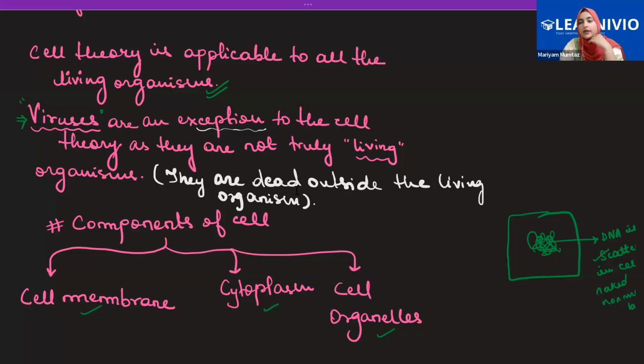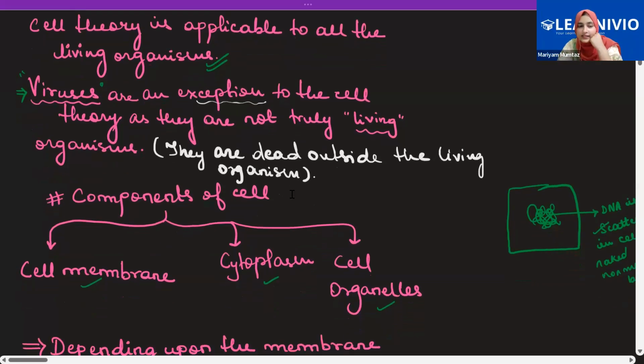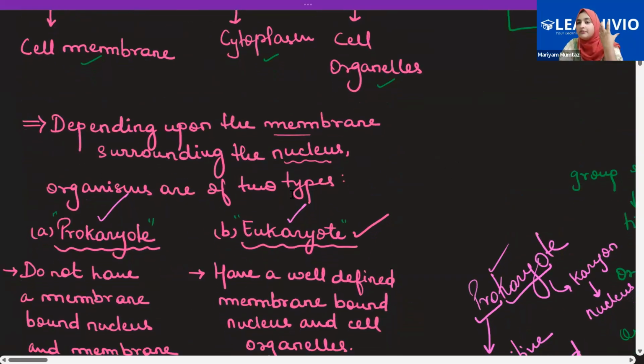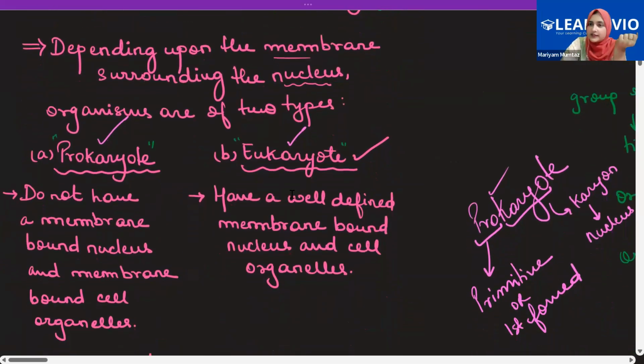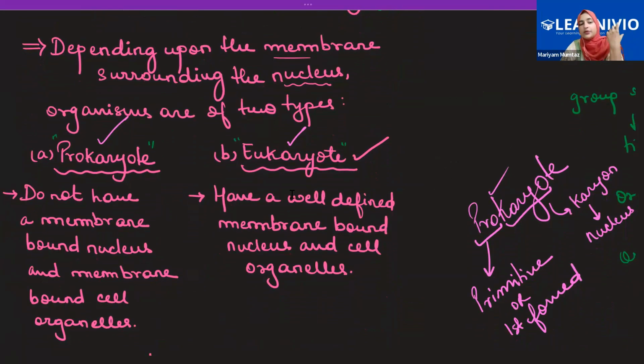So we were going to talk about the different types of organisms depending upon the membrane surrounding the nucleus. So prokaryotes and eukaryotes are there. Prokaryotes are the organisms that do not have a membrane surrounding their nucleus, so a membrane-less nucleus is there.